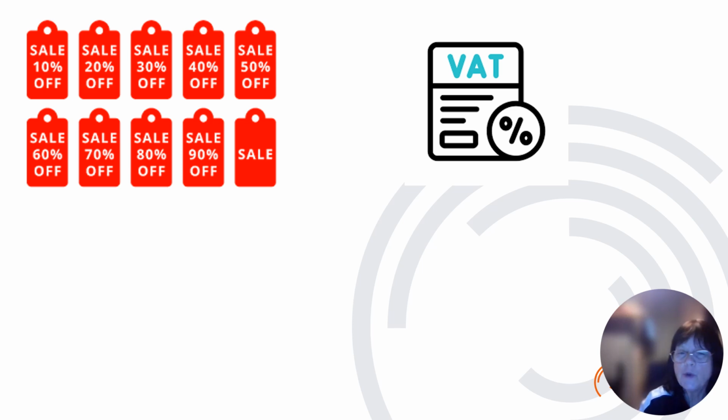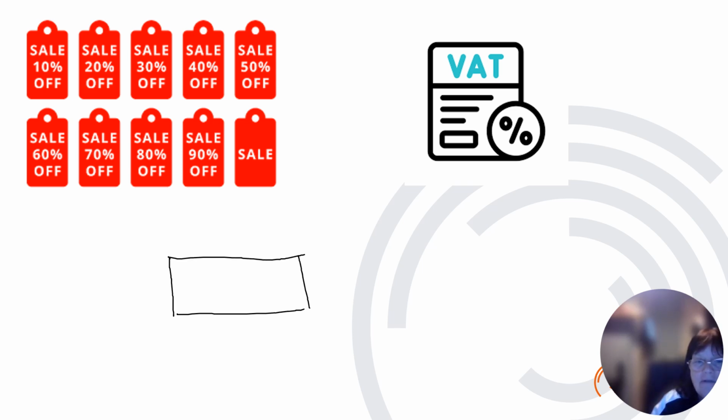First of all, when we're increasing by a percentage, so we're actually going up by a percentage, a typical example of that is VAT. So we might have a price that is plus VAT. Let's make it really easy and say something costs £100 without VAT, and then we're adding VAT at 20%.